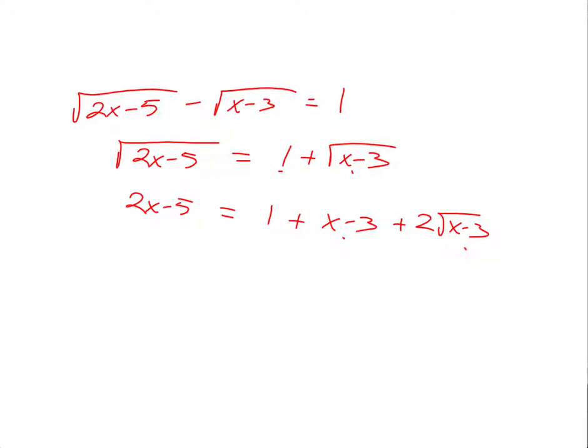Alright, so now what? This is on one side. Simplify first. Alright, so 2x minus 5 equals x minus 2 plus 2 square root x minus 3. Manny, what do you think?